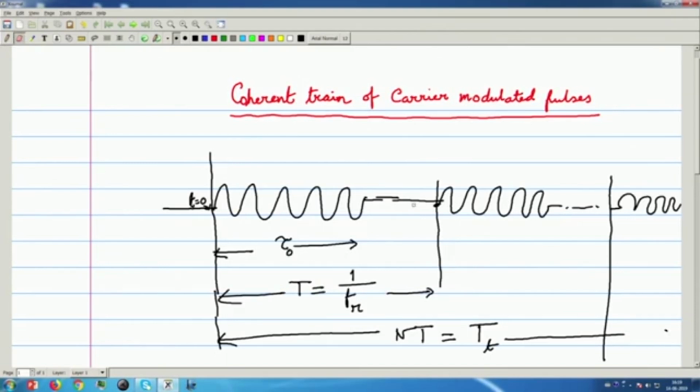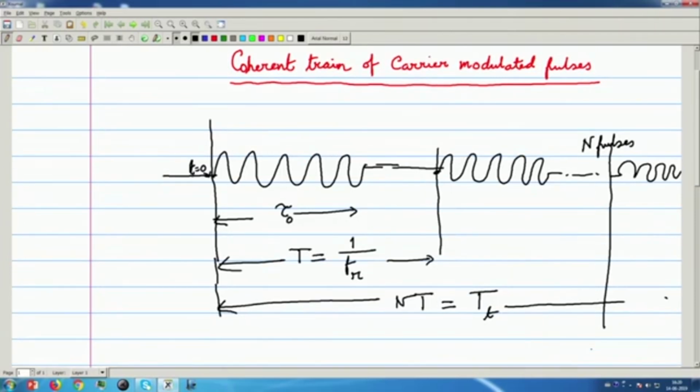So there are N pulses, and that is why this is N T.